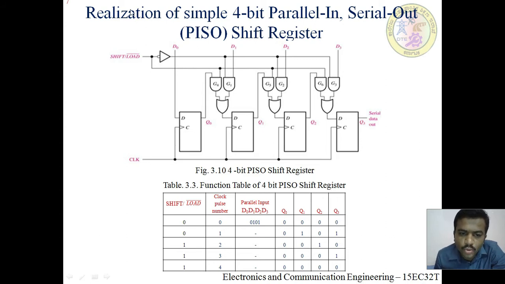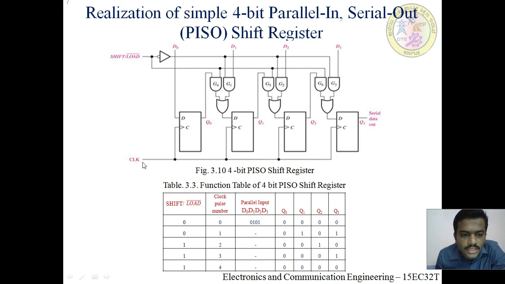Hence, the output of all those flip-flops for which the applied input binary bit is a binary 1 will set, and the output of all those flip-flops for which the applied input binary value is 0 will reset. This means that 4-bit binary data is loaded into the shift register in parallel form.